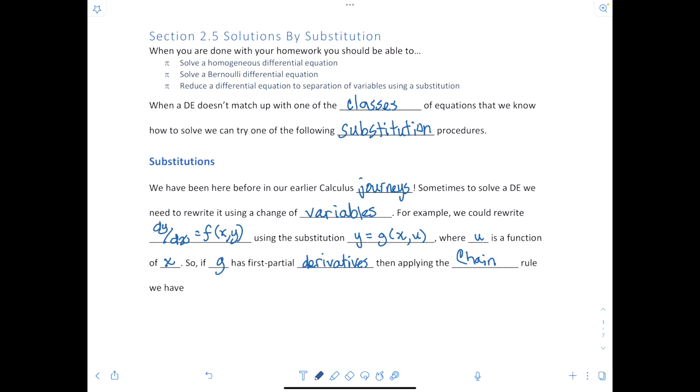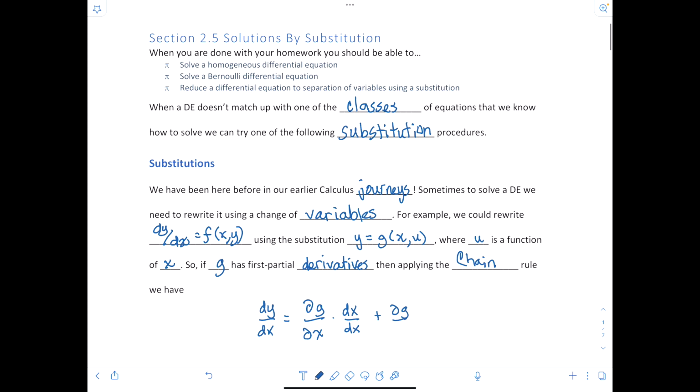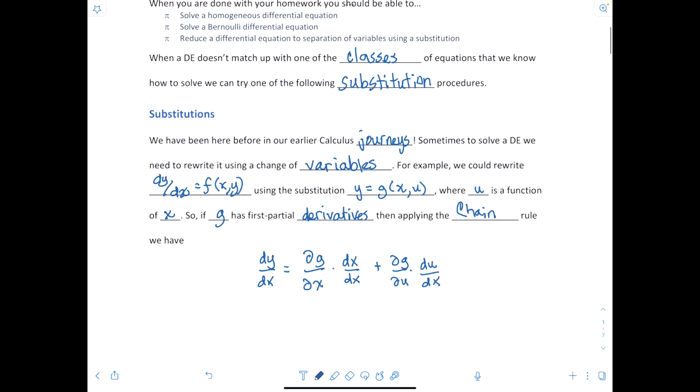we have dy/dx equals, we have this g of x and u, right? y equals g of x and u. So it would be the first partial of g with respect to x, and then just a little trick here, times dx over dx, plus the first partial of g with respect to u times du/dx, because remember that u is a function of x.